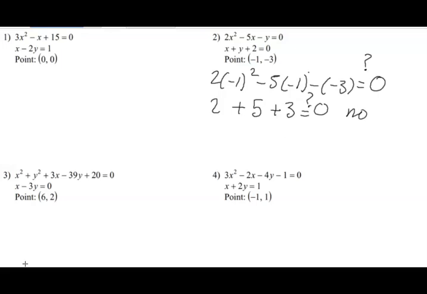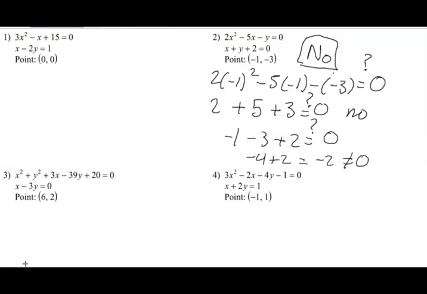No. So the answer is just no. If you get no on the first one, you could just stop there and say no. But let's just say you got yes, you would want to also plug it into the next equation to see if that's true. -1 plus -3 is -4, plus 2 equals -2. That is not equal to 0. That's definitely a no. Do the same thing on each of these other 3. (0, 0) is usually the easiest point to test.